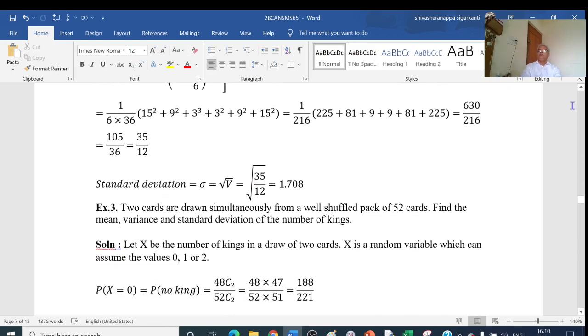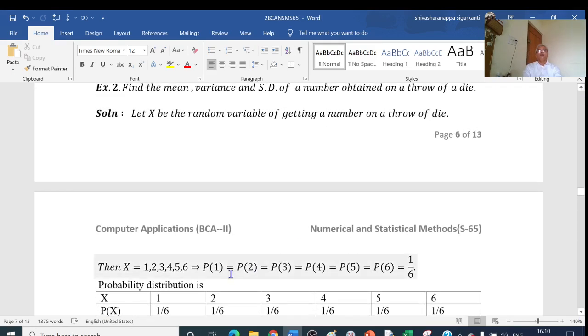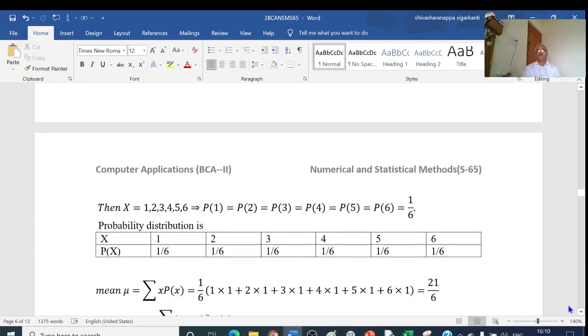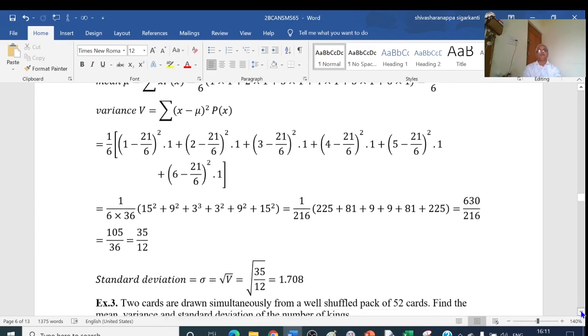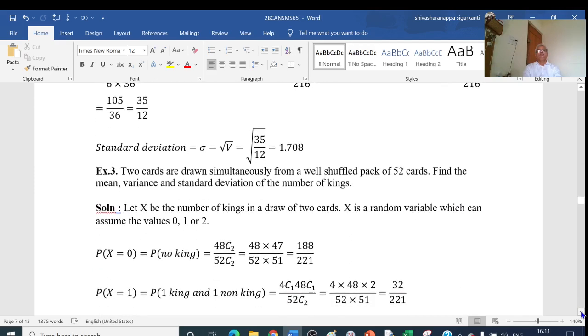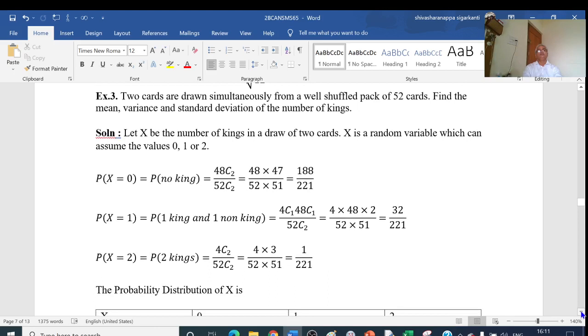So here we will get the marks proportionately. That means if you find P of 2, P of 3, P of 4 and write the table up to this, you will get around 3 marks, and the rest you will get 2 marks. In this way we distribute the marks.